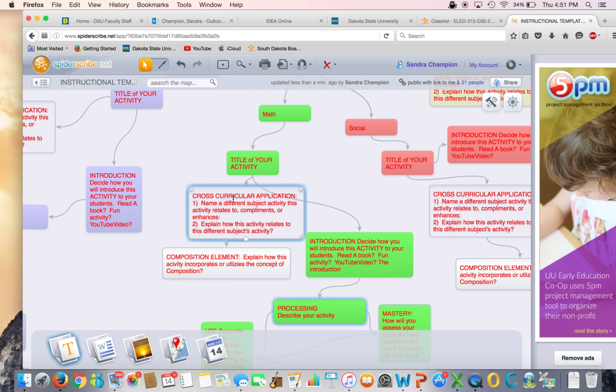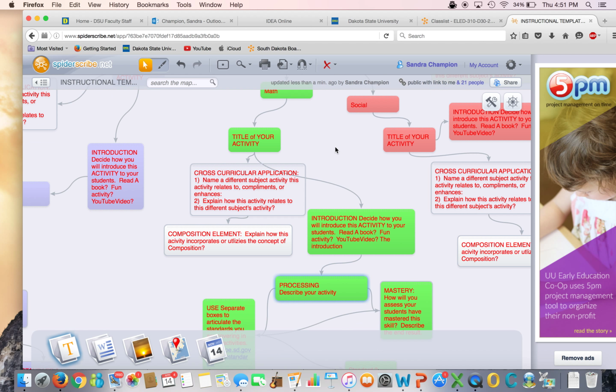There's 2 new boxes. Cross-curricular application. So think of your math activity and then see if you can find a way to describe, does that math activity complement, overlap, or reflect another subject's activity?